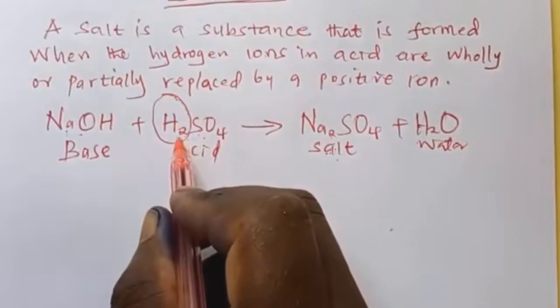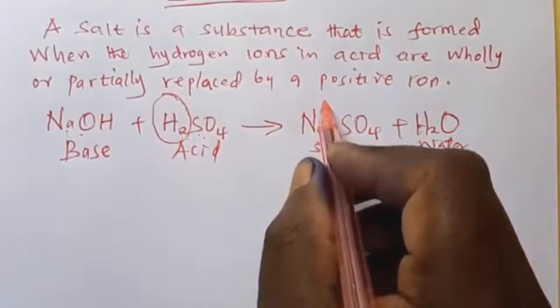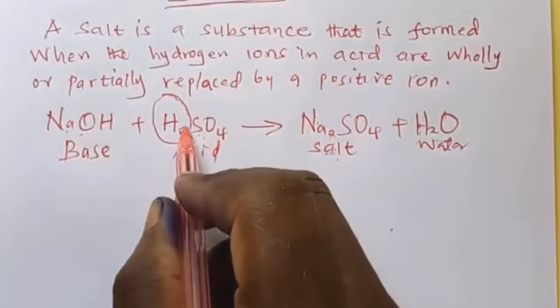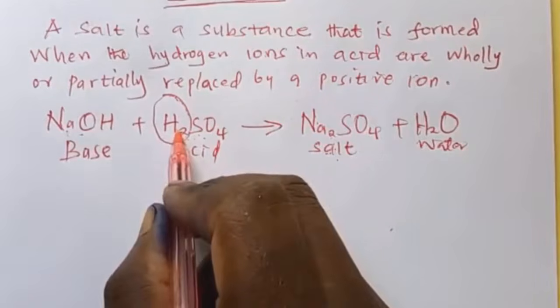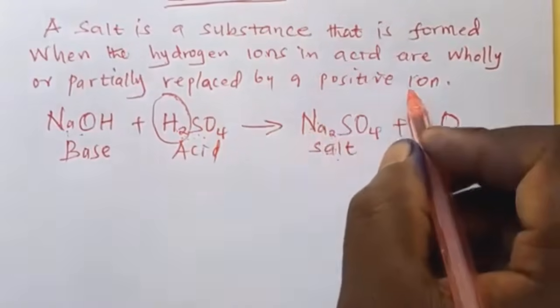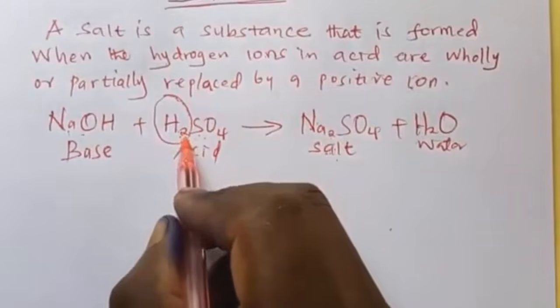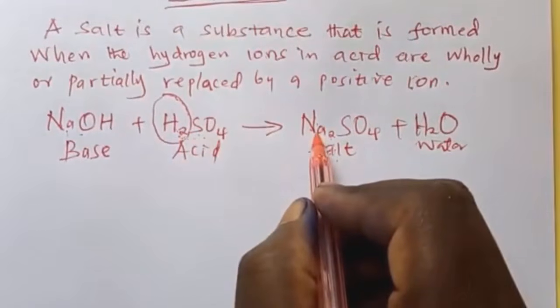Is it to replace or displace? Has been displaced. So the cation from the sodium ion has displaced or replaced the hydrogen ions in the acid. So when the positive ion replaces the hydrogen ion in an acid, a salt is formed.